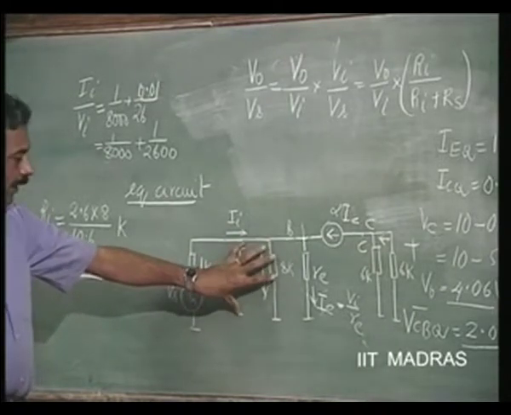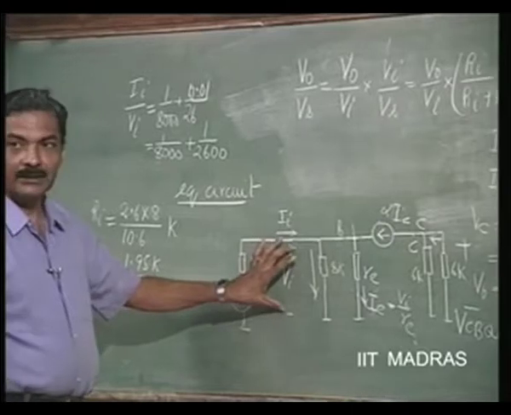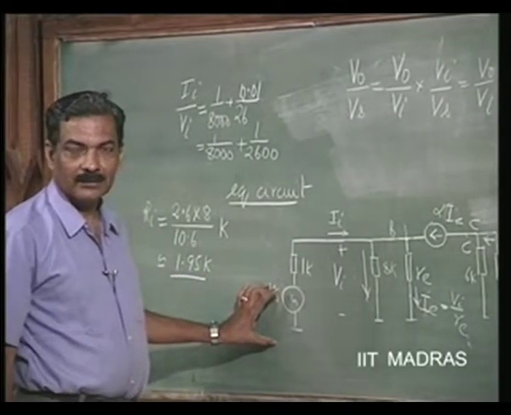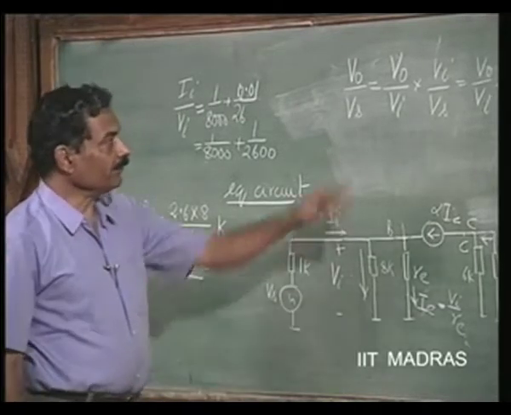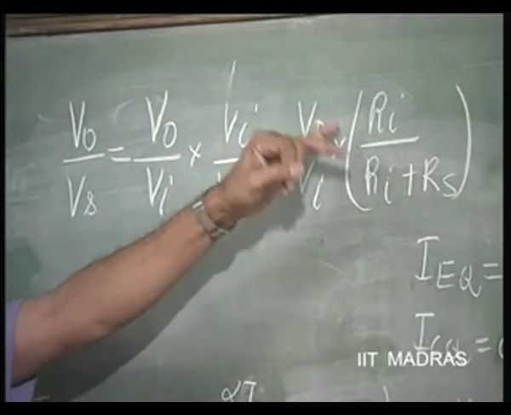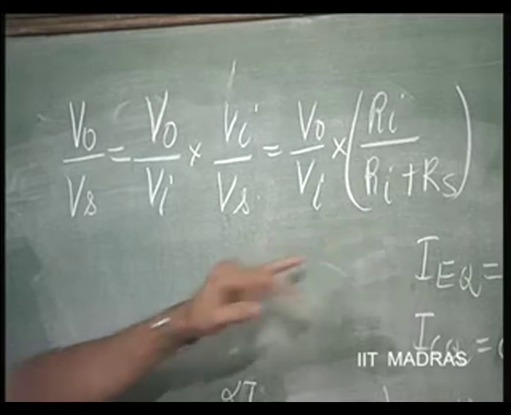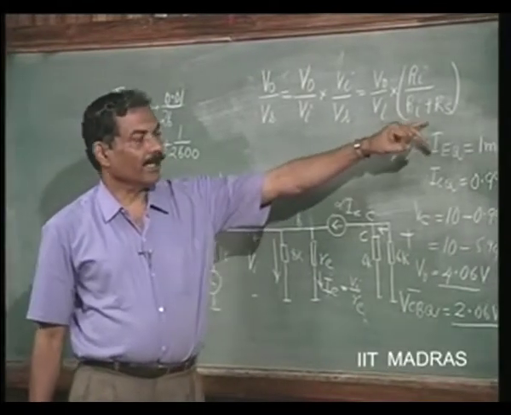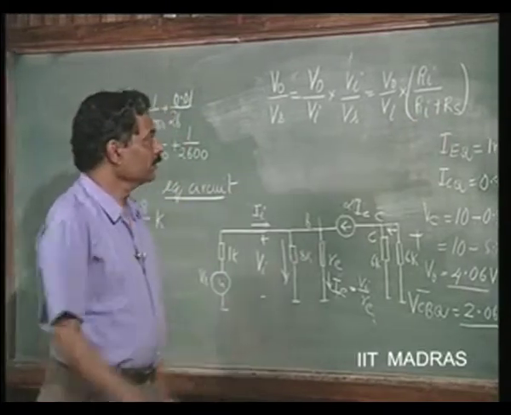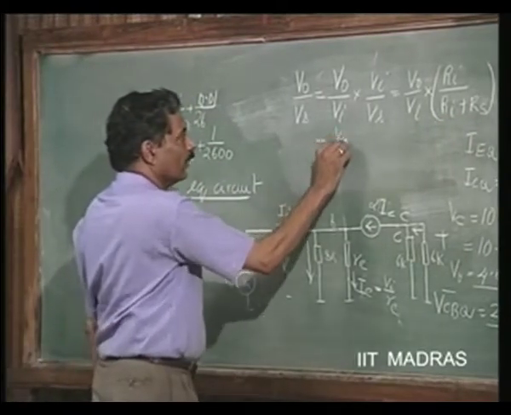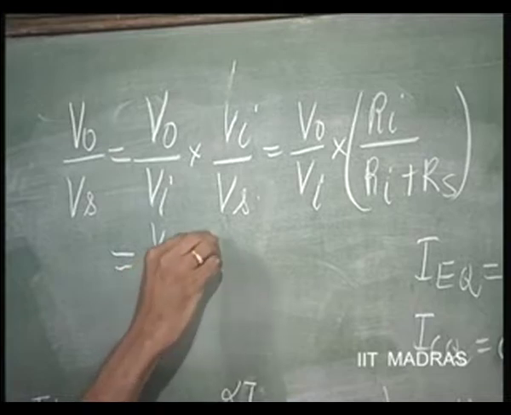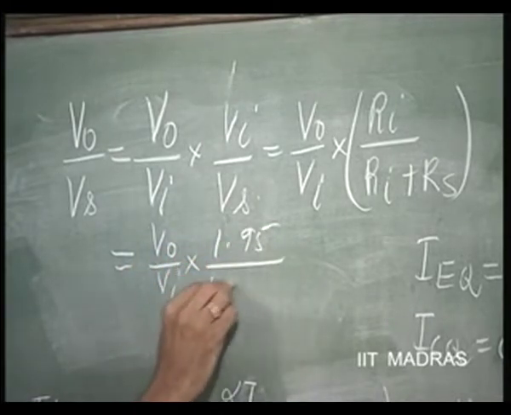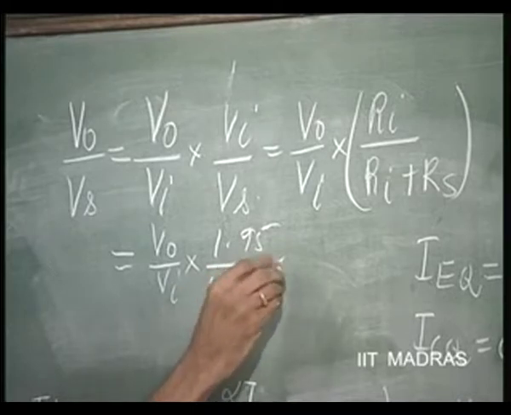So Ri by Ri plus Rs is Vi by Vs. So it is left for us to determine V naught by Vi, because we know Ri is this 1.95 K and Rs is 1 K. So this is equal to V naught by Vi into 1.95 divided by 1.95 plus 1 K.